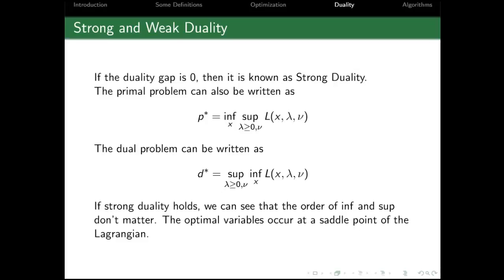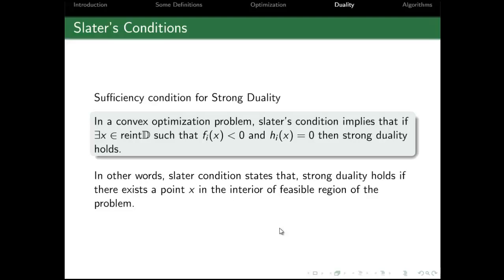This means that at the same point we have a maximum in one direction and a minimum in another direction. So it is a saddle point. So we have one good result here: whenever there is strong duality, optimal variables occur at the saddle point of the Lagrangian.